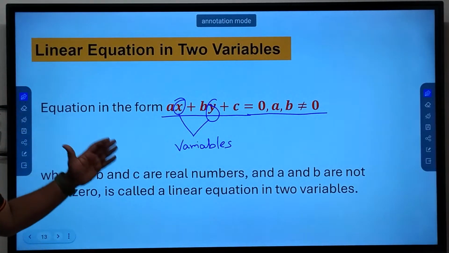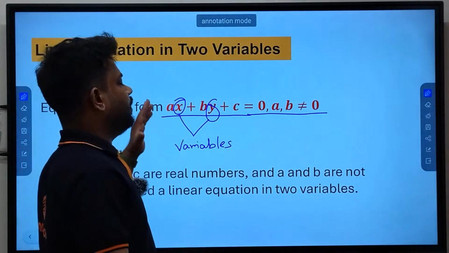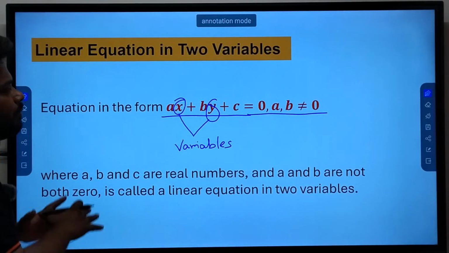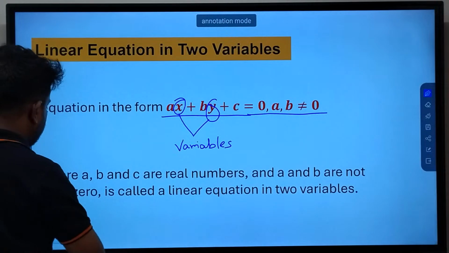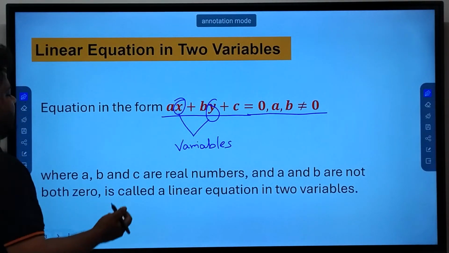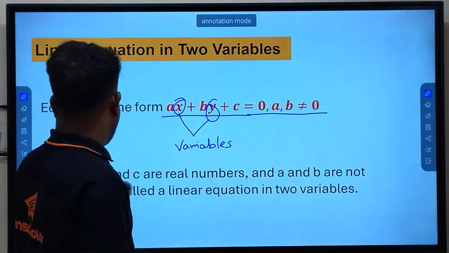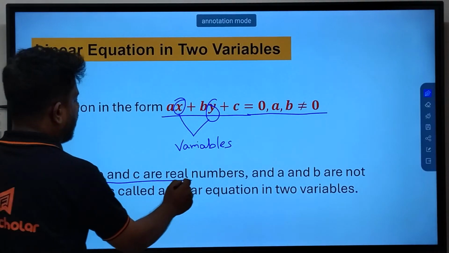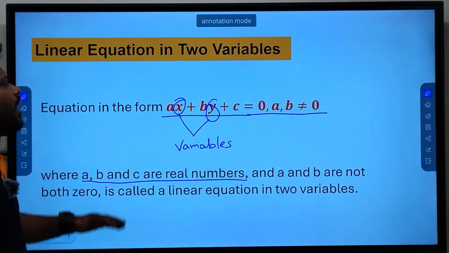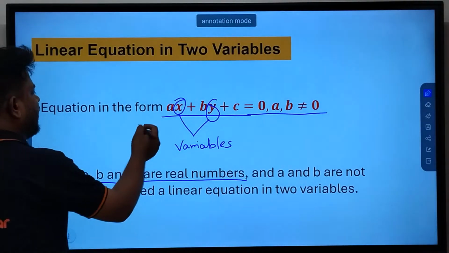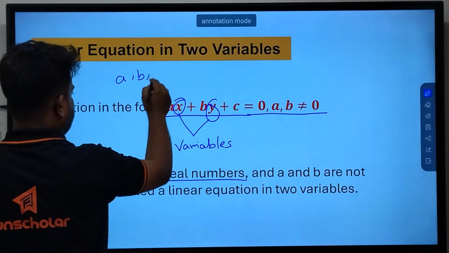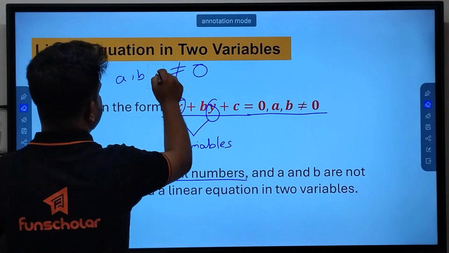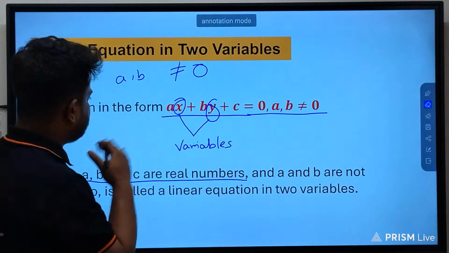They have also added a clause that a, b and c are all real numbers, and a and b are not both zero. Maybe you have already studied that a and b can't be 0, while c can be 0, but that is a different point.